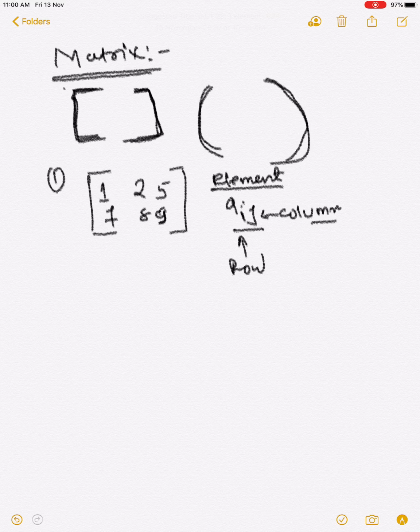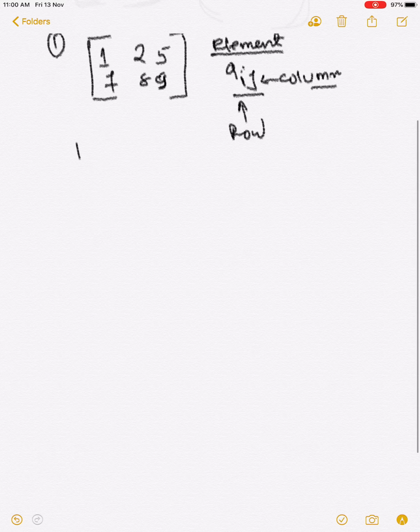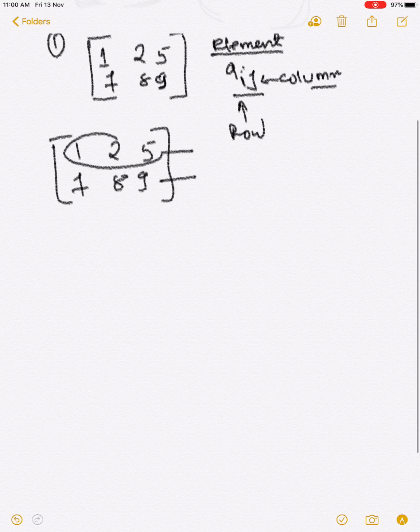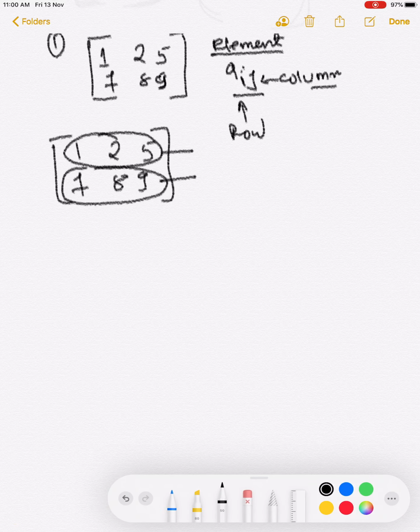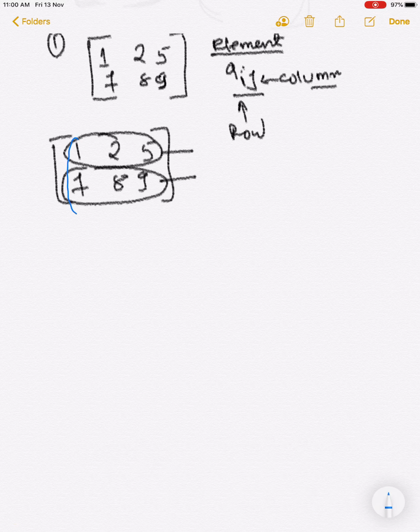Like if you write 1 2 5 and 7 8 9, how many rows do you have? You have two rows, this one and another one. And what about columns? These are the columns, this one and this one, and these are the rows.